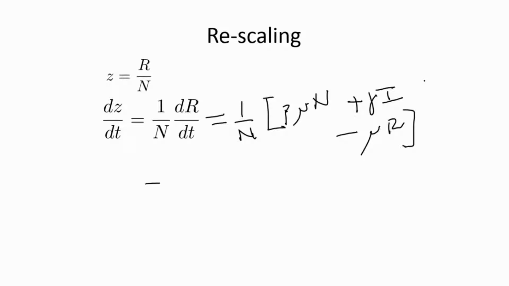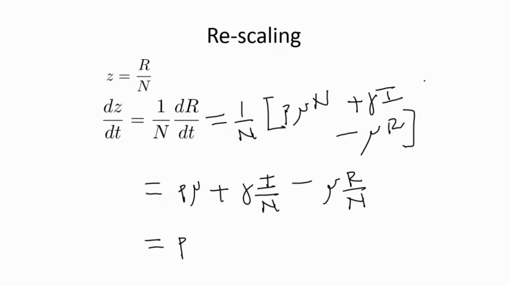Okay, so that means that this is p mu plus gamma times I over n minus mu times r over n. So we can write this as p mu plus gamma times y minus mu times z. And remember, this is the derivative of z with respect to t.